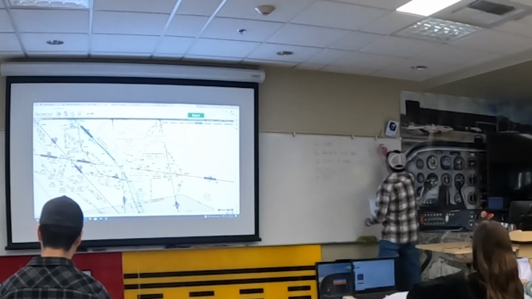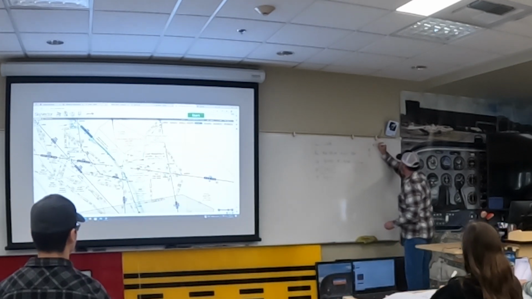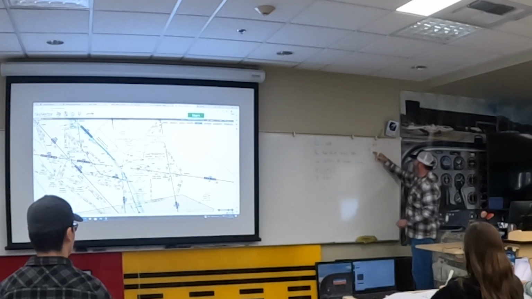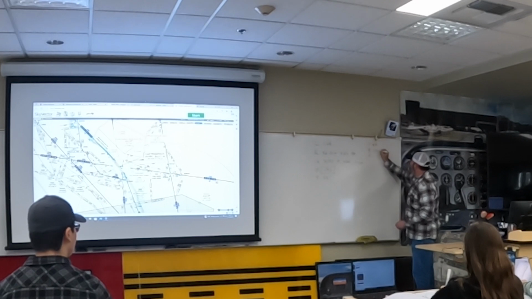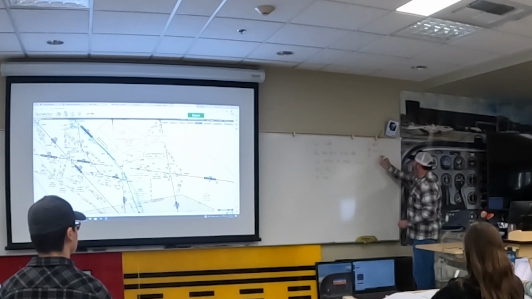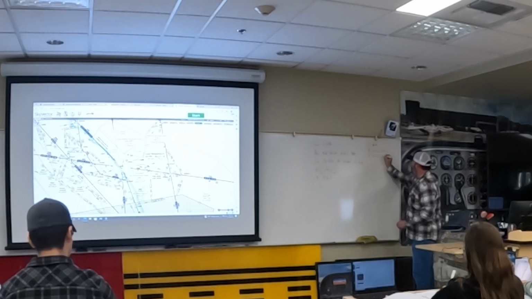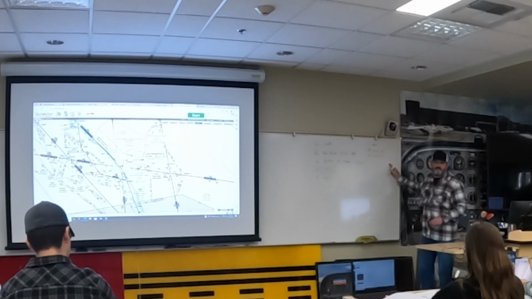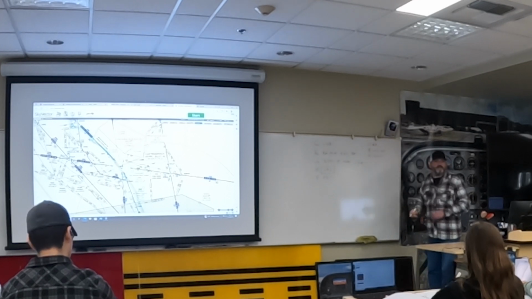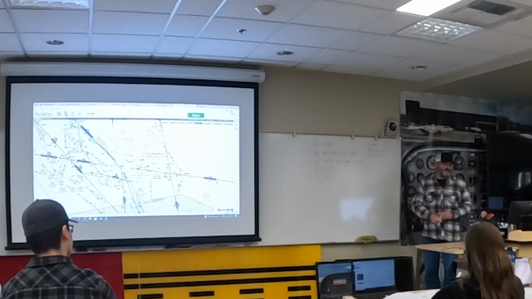The M is minimum en route altitude. The E is expected altitude. The A is the assigned altitude, if you happen to be talking to them and they assign you a different altitude. Whatever's the highest of the three is what you're going to climb to. So that's the requirements of IFR, in the event you go lost communications.